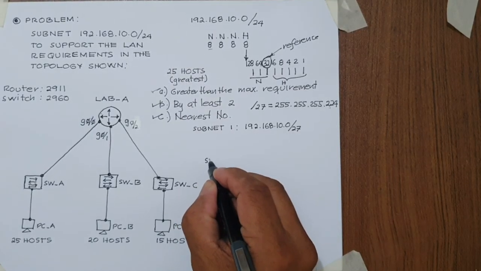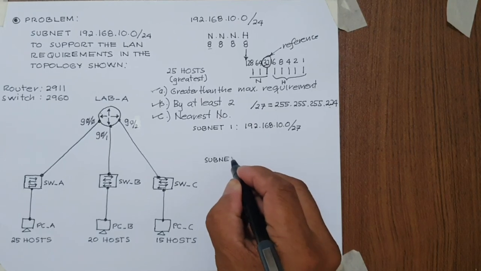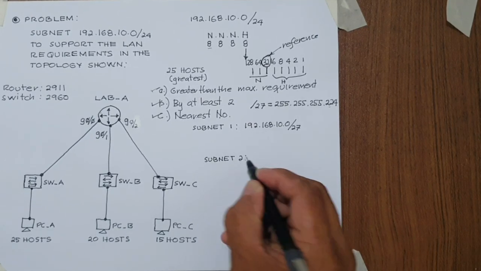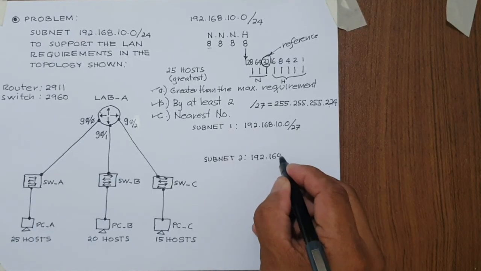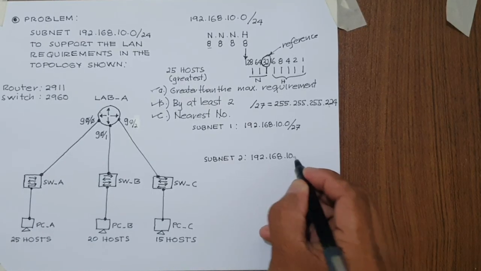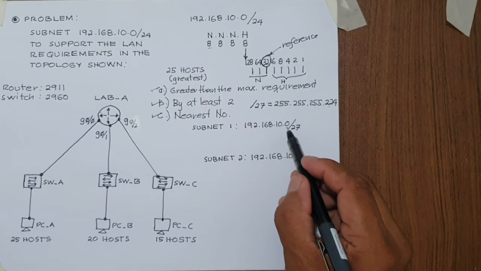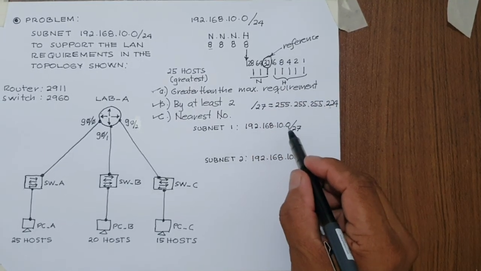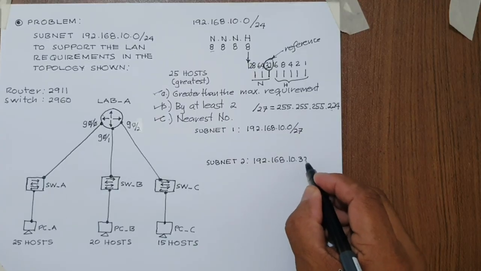The second subnet will be the reference value added to the 4th octet value. So 32 plus 0 will now be 32.